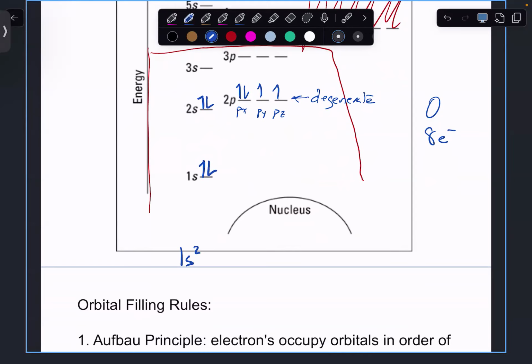Then we have 2s2, 2 electrons in the 2s. And then we have 4 electrons in the 2p. So we would write 2p4. And that would very simply be the electron configuration for oxygen. It describes how the electrons are distributed within the atom.